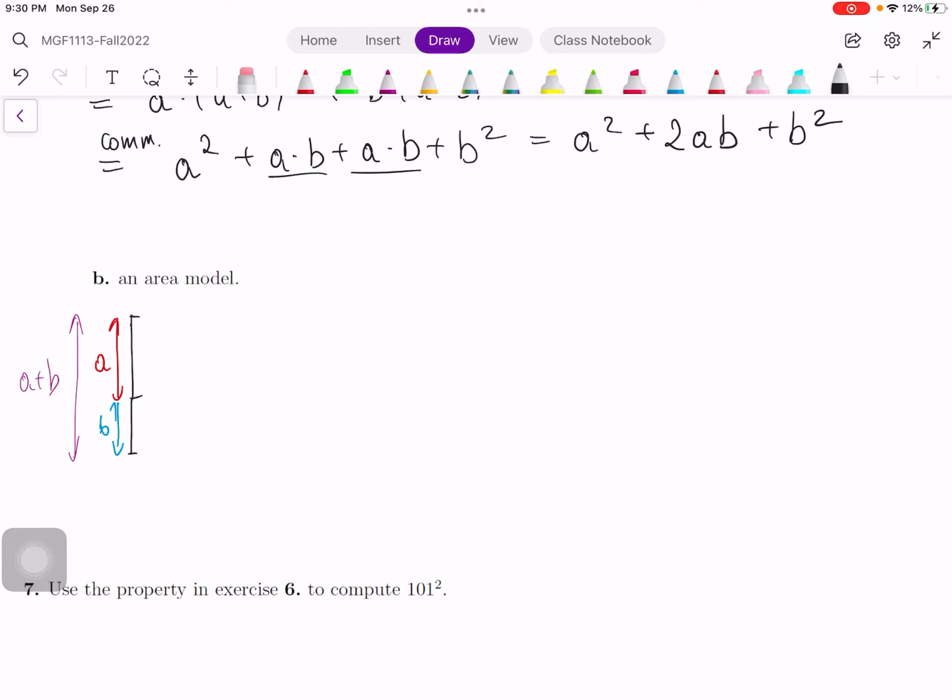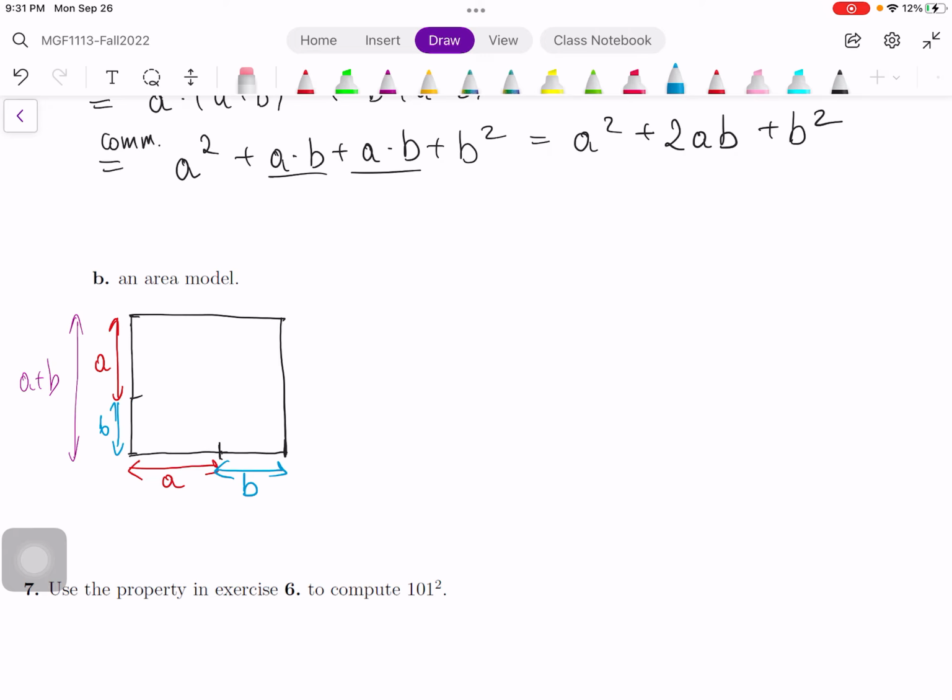Same thing here. This would be A. And this one would be B. Okay, so this is again still A, and this is the same length B. So basically we're creating a square, right? Because both length and width, or height and width, are the same.